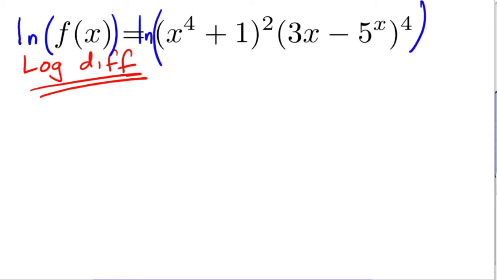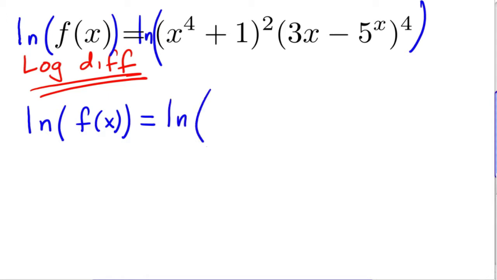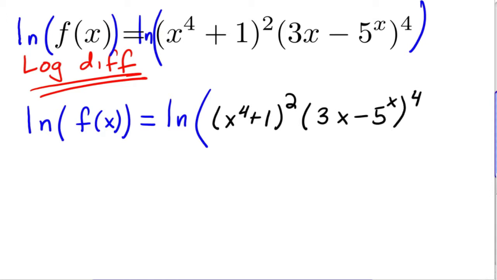And so here on the left side, I'm going to have natural log of f of x. And then on the right side, I have natural log of, let me use the same color here, x to the fourth plus 1 squared times 3x minus 5 to the x, all to the fourth.